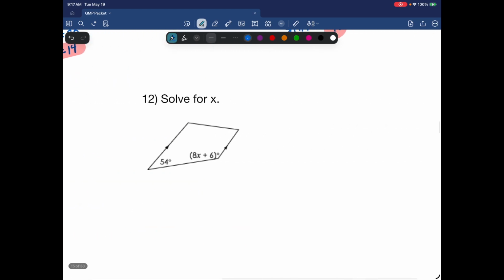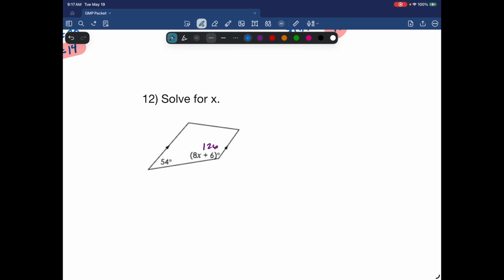Okay, for number 12, we're dealing with a trapezoid, and opposite sides are parallel, as you can see from the arrows. And so that means these two angles are 180, so you can add them up, set them equal to 180, or 180 minus 54 is going to be 126.